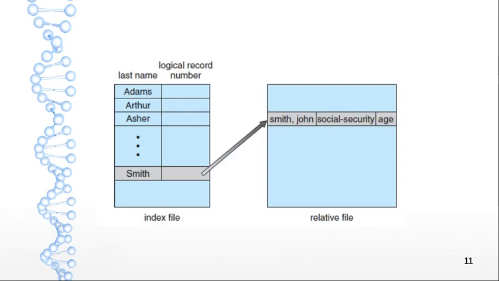If I'm going to search for Smith, I will not start the search with letter A, letter C, or letter D. Definitely, I'll go directly to letter S in the index file. After that, it gets the record through the relative file.